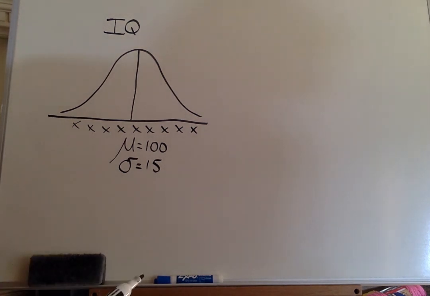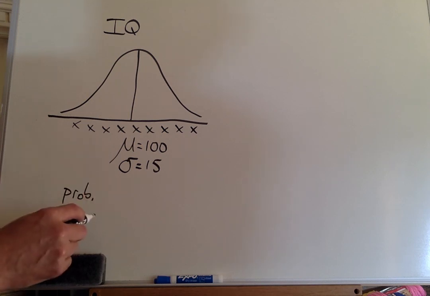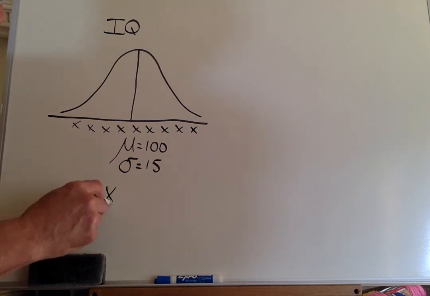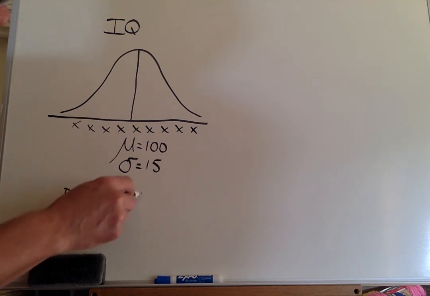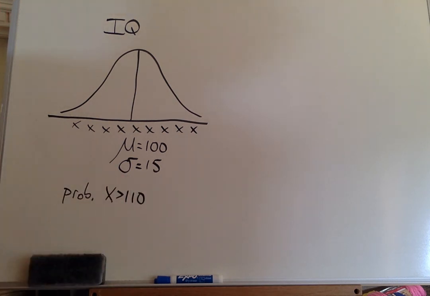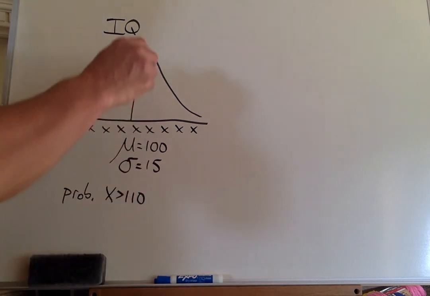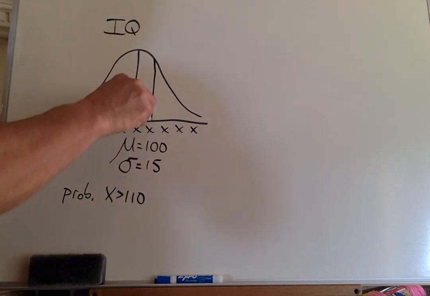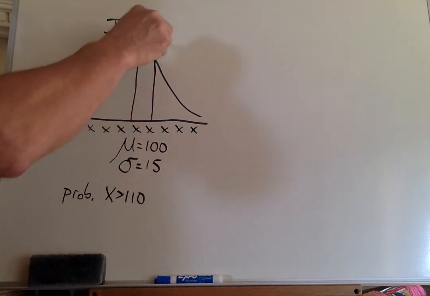And so let me ask you this question. What's the probability that we would get an X value that was above 110? That's what percentage of the population scores above 110? Well, here's what we're talking about, right?